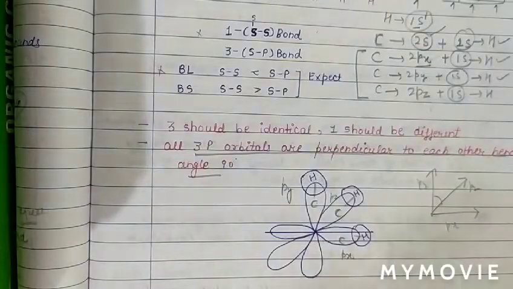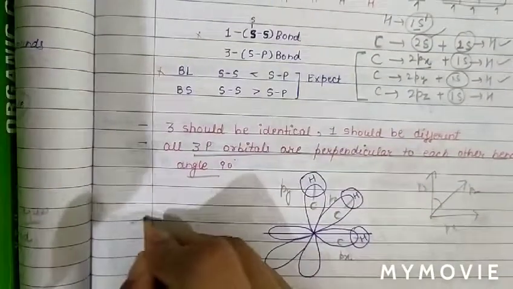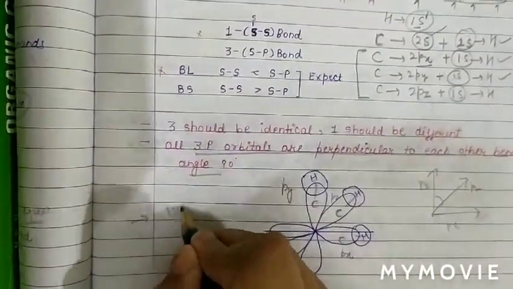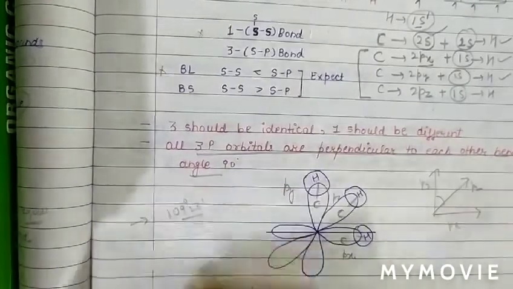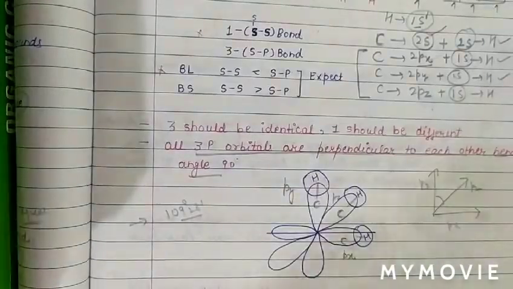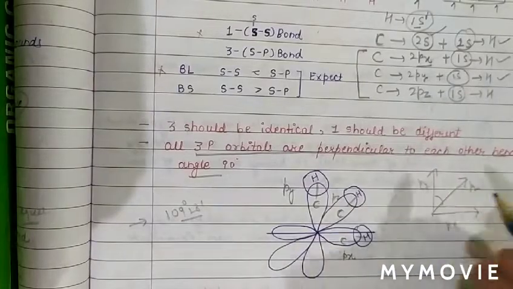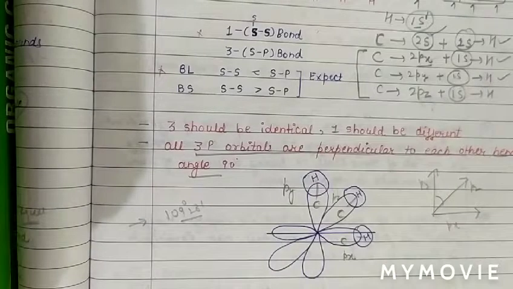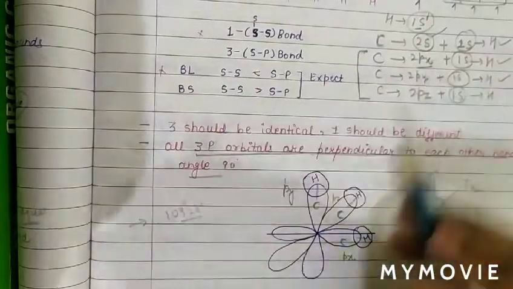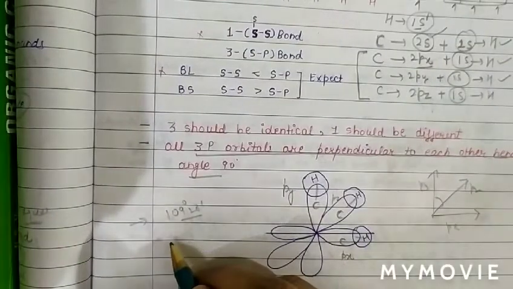But according to experiment, what we have studied, the bond angles are 109 degrees 28 minutes. But according to VBT, we are finding that the bond angle between them is 90 degrees. As we have also studied, the bond lengths are the same.